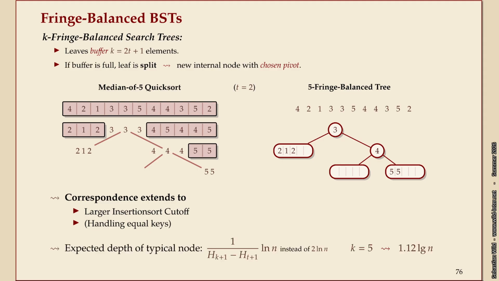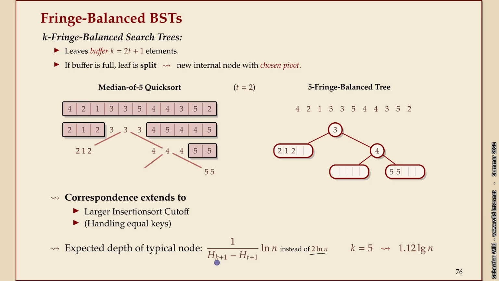What you get from this, if you look at the literature for quicksort or these fringe balanced search trees, and I'm not going to do the math at this point, is that the expected depth goes down from our infamous 2 times ln n, the 1.4 times log base 2 of n, to this weird number involving harmonic numbers.